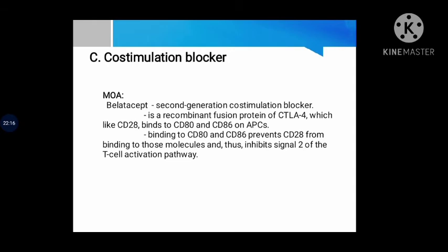Binding of belatacept to CD80 and CD86 prevents CD28 from binding to those molecules and thus inhibits signal 2 of the T cell activation pathway. So that is the mechanism of action of belatacept.